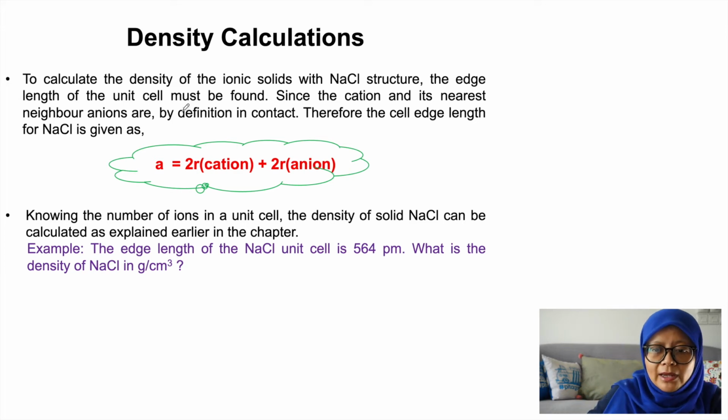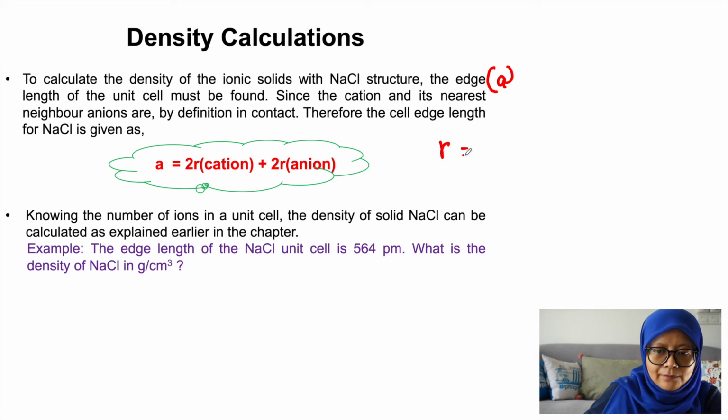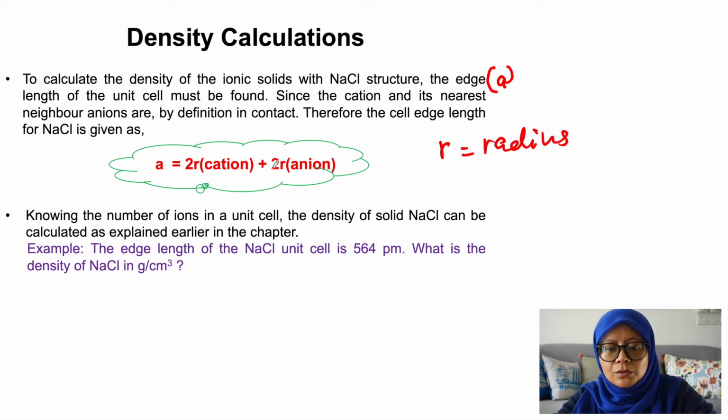The edge length is A. Since the cation and its nearest neighbor anions are by definition in contact, the cell edge length for sodium chloride is given by this formula: A equals 2R of the cation, R is the radius, plus 2R of the anion.